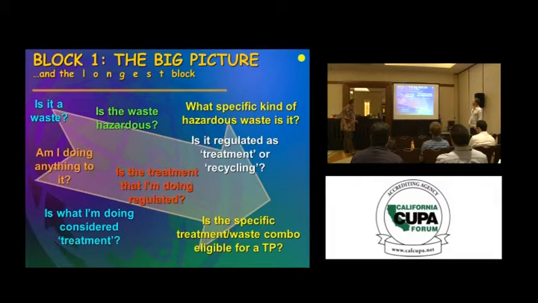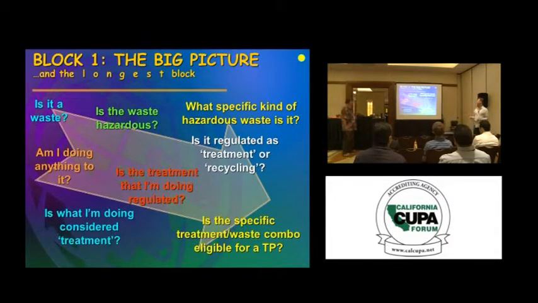So the big picture: is it a waste? Am I doing anything to it? We're going to cover a lot of different scenarios. Are you doing something? Is it covered? Get out of the mindset of tiered permitting for now, and let's just talk about treatment. Is it treatment? And then we'll discuss whether it's covered or not.